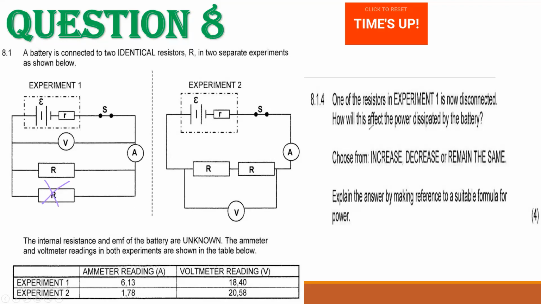So how will this affect the power? What's going to happen? Please try. You are going to say increase, decrease, or remain the same, and explain it. For experiment 1, you remove one resistor.